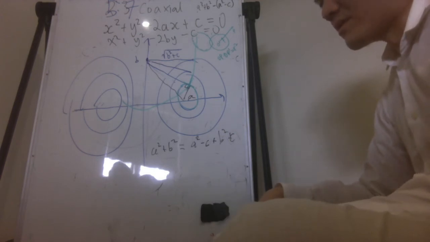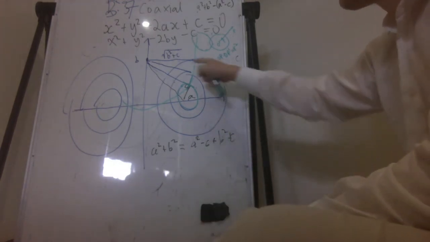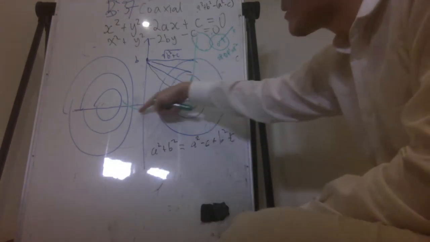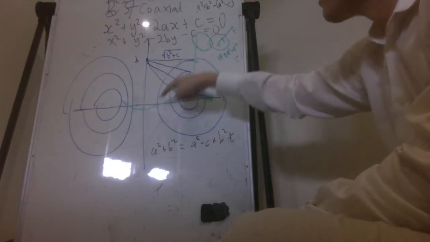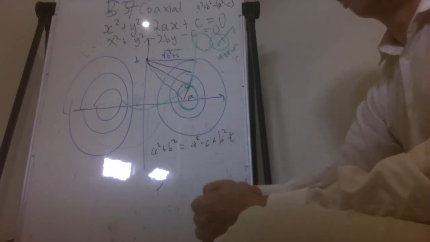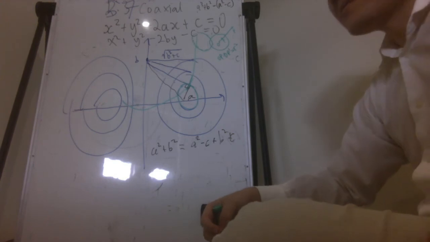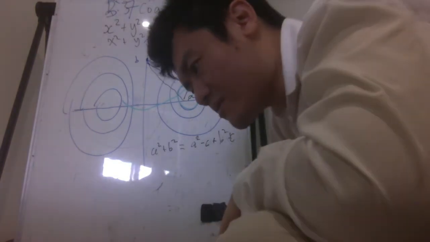So that's kind of interesting. So when one of them is like this, then the other one's like that. It cuts the x-axis. And if one of them's tangent, then they're both tangent. Yeah, that's C equals 0. I think it says that in more or less.